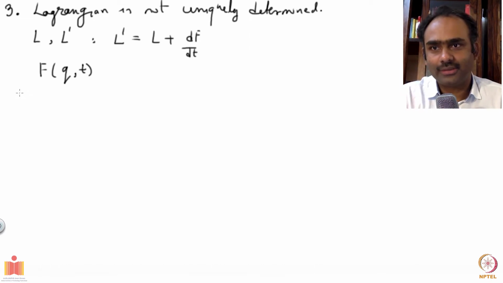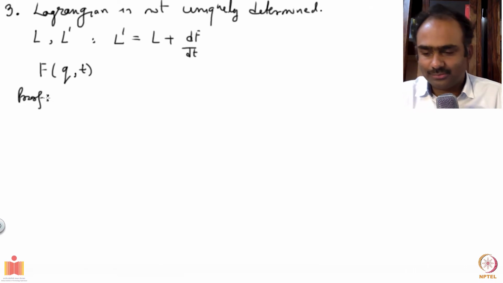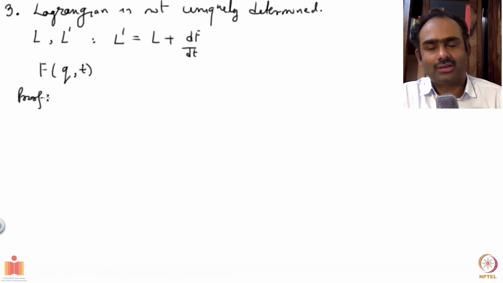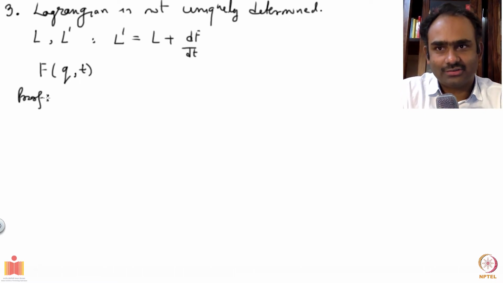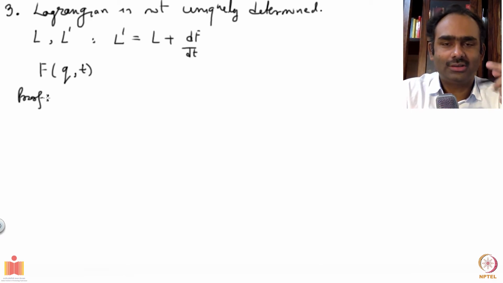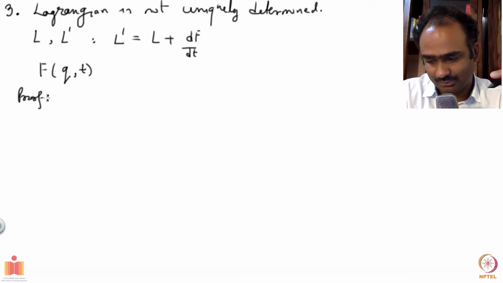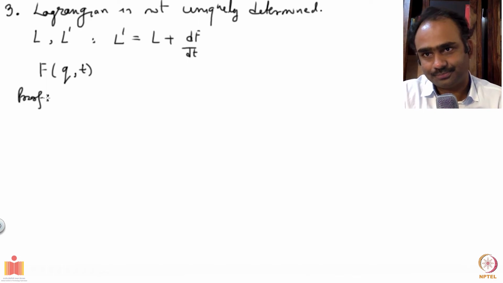So, proof. I will not bother to give a proof for a general system with several degrees of freedom. I will just give the proof for 1 degree of freedom, so I have only 1 q, but you should try to repeat the proof for a system which has more than 1 q. The proof will not be very different. It will follow the same lines which I am going to write down here.